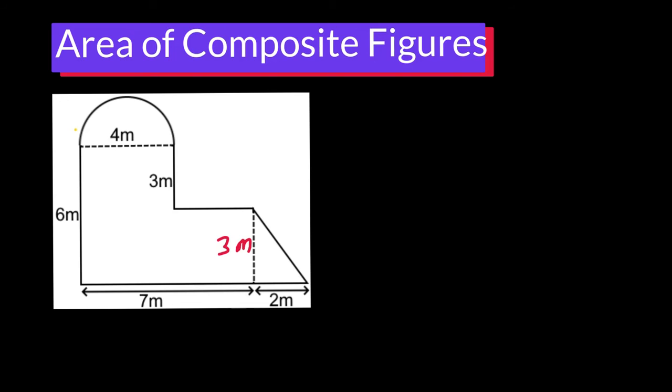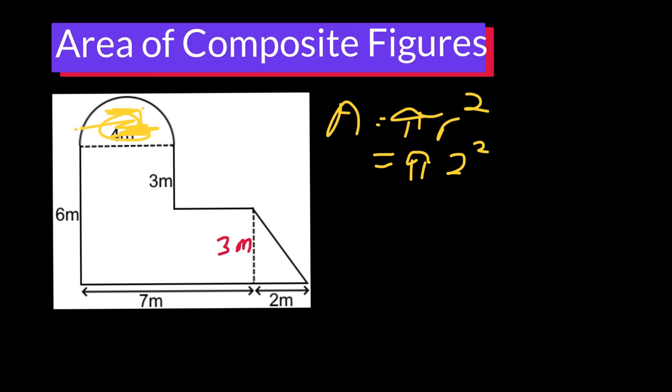Find the area of the half circle here. We'll use the formula A equals pi r squared. The diameter is 4, so the radius is 2. A equals pi times 2 squared, so A equals 3.14 times 4.